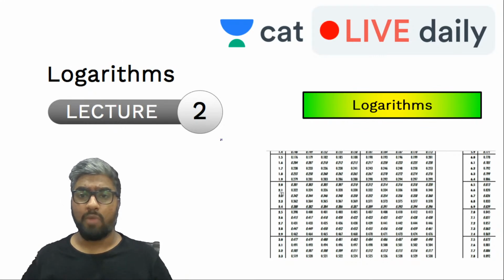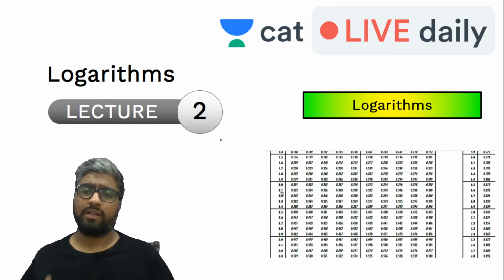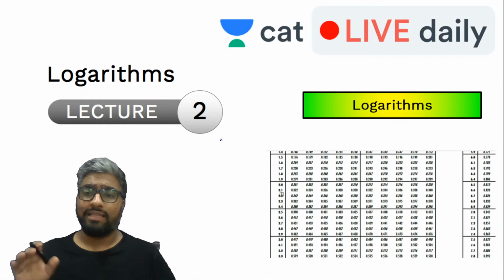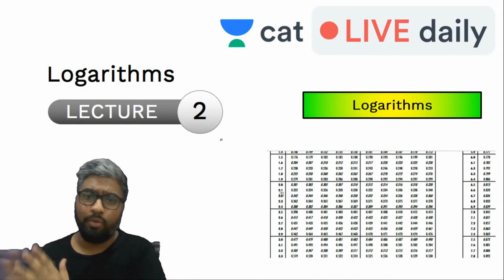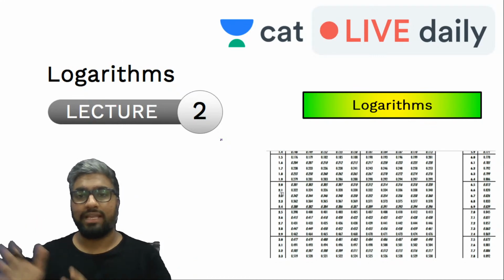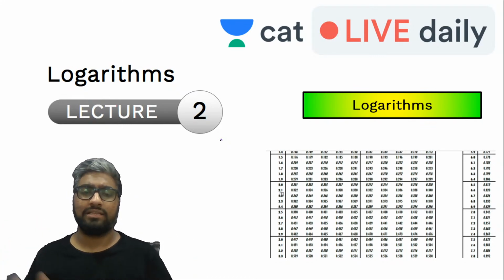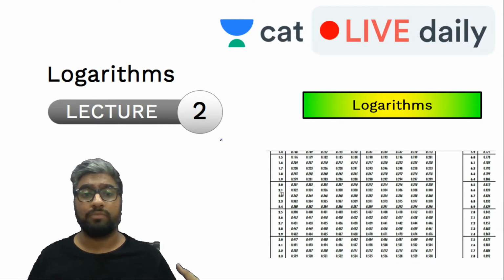Because when you take a mock, your score doesn't matter as much as the analysis. Only after looking at the analysis will you be able to understand that these are my strong areas, these are my wild cards, these are the areas where I'll have to be very careful, and these areas are hopeless for me. When you segregate the entire syllabus into these three, then you'll be able to prepare better.